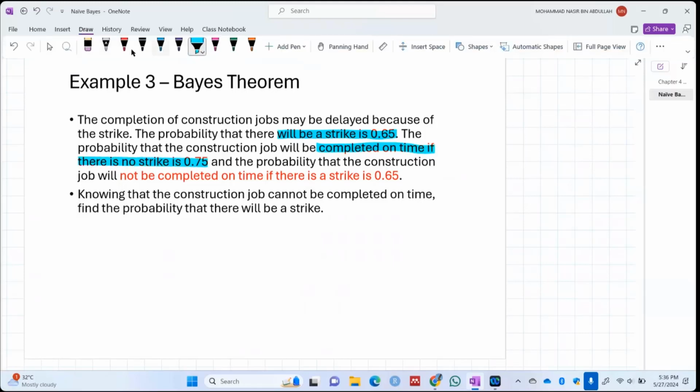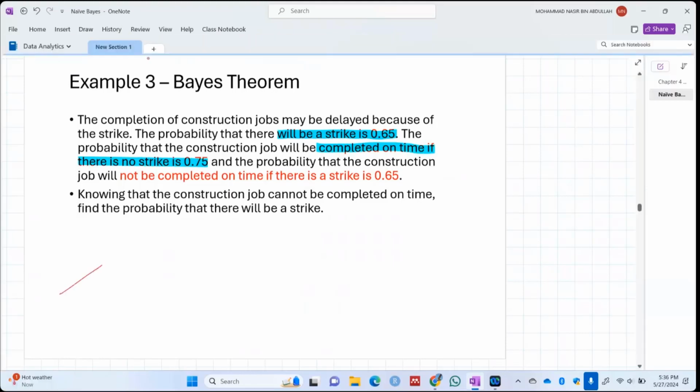So based on the first information, there are two possible outcomes: either there is a strike or no strike. The probability of a strike is 0.65, no strike 0.35.